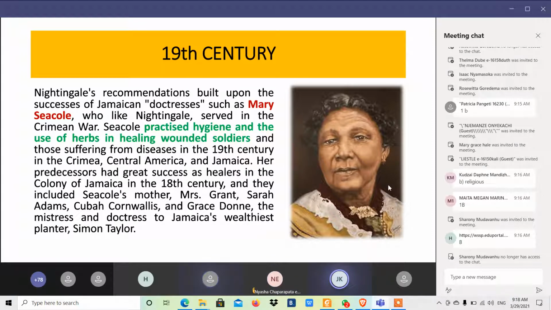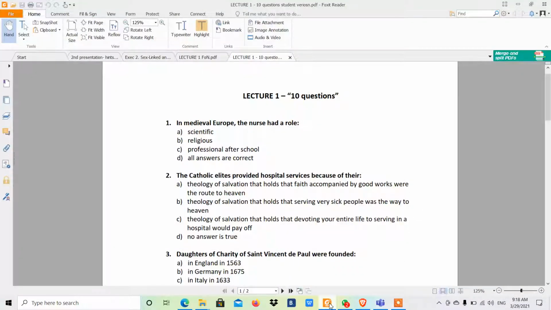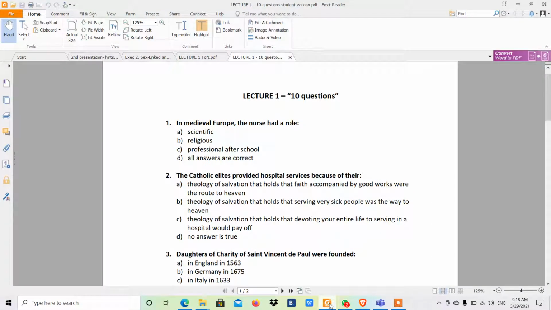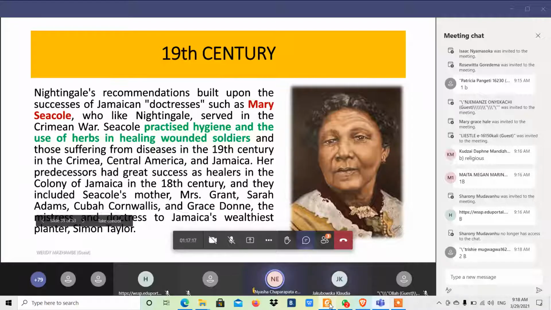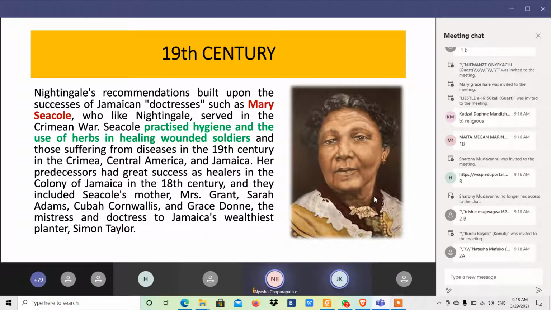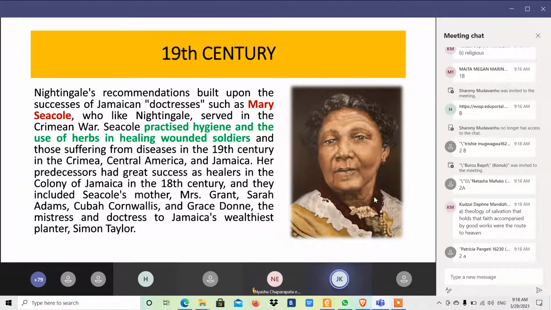Second question. I will read it. The Catholic elites provided hospital services because of their theology of salvation that holds that faith accompanied by good works were the route to heaven. Yes, exactly. They were thinking that if they are good, they go to heaven.